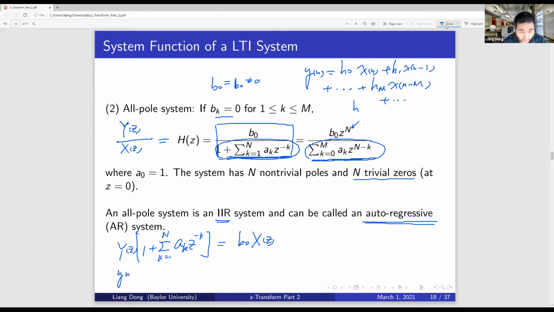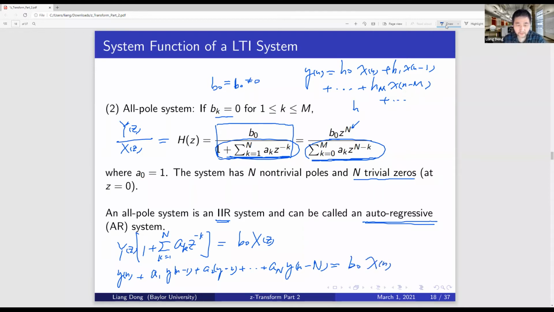So we have yn plus a1 yn minus 1 plus a2 yn minus 2 up to an yn minus n equals b0 times xn.